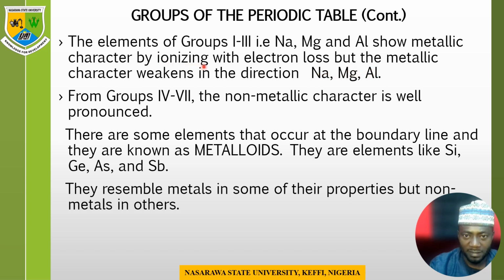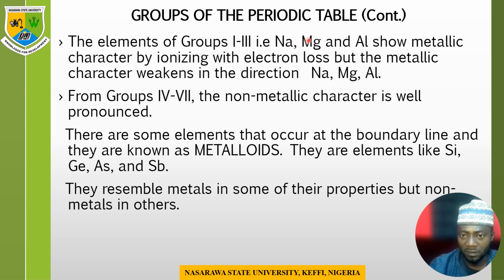What do you mean by ionizing? They are metals, they lose electrons. Like now, sodium has 11 electrons with 1 electron in its outermost shell, and this 1 electron can easily be given out in the course of what? Chemical combination. That is ionization, loss of electron to become an ion.